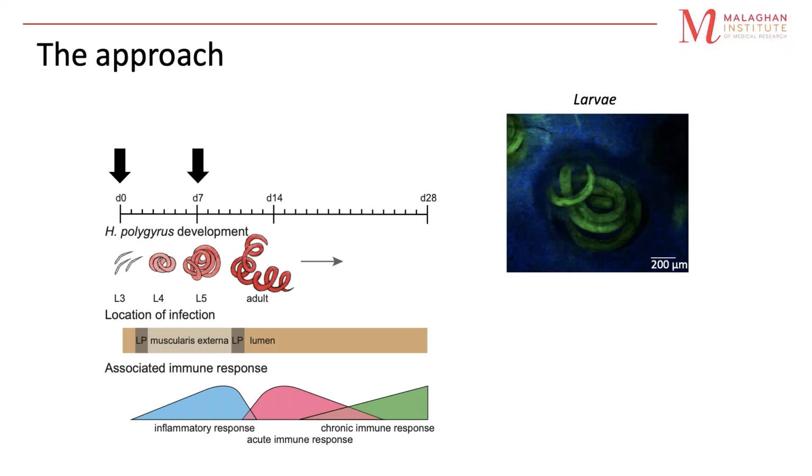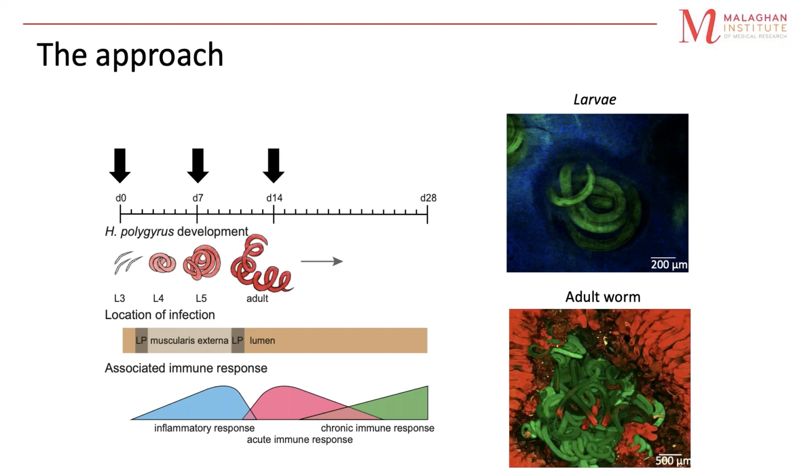Also, we collected samples from day 7, when the infective larvae undergo larval development in the muscularis externa. Also, we collected samples at day 14, when the adult worms are in the lumen and when the peak of acute immunity is usually studied. And as the last point, we collected samples at day 28, when the infection has become chronic.